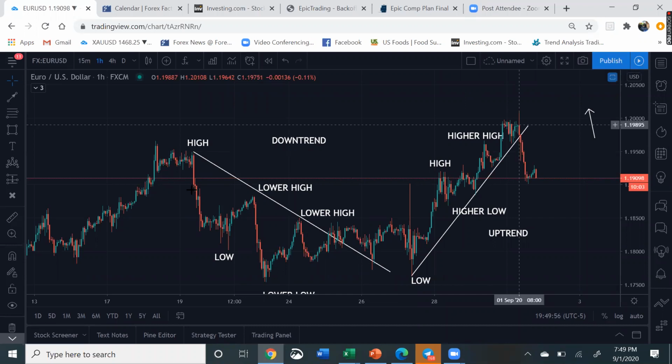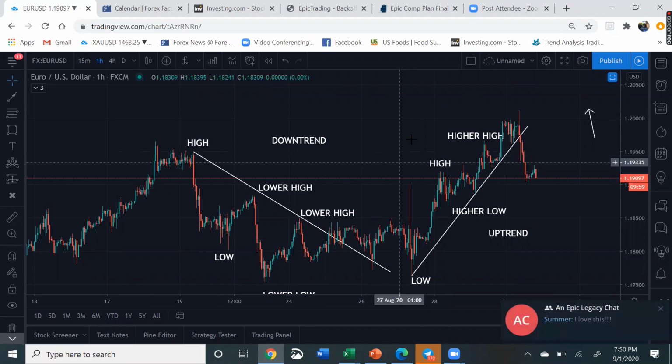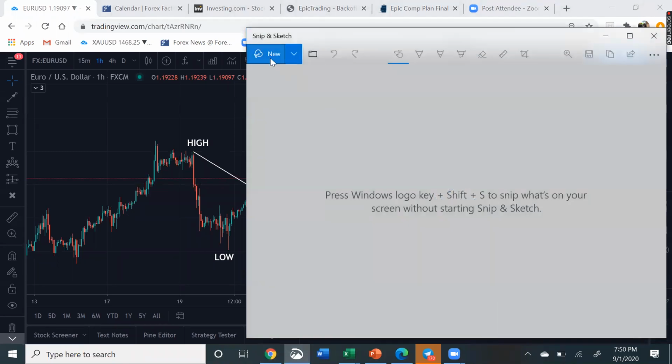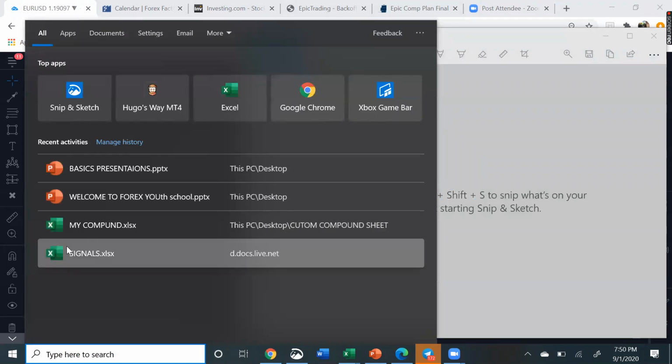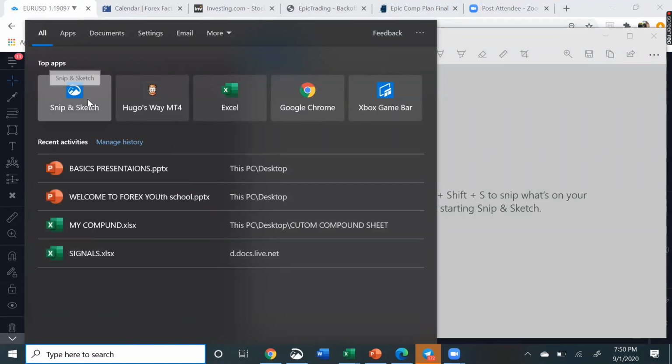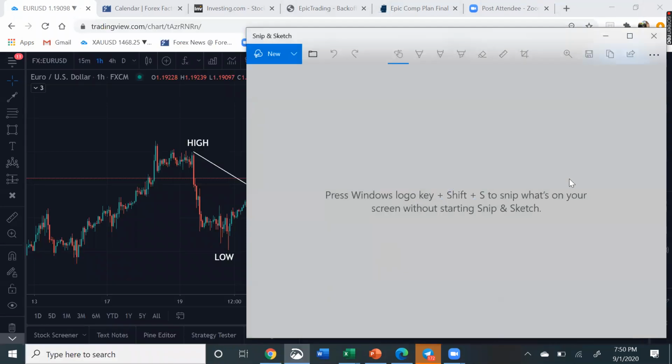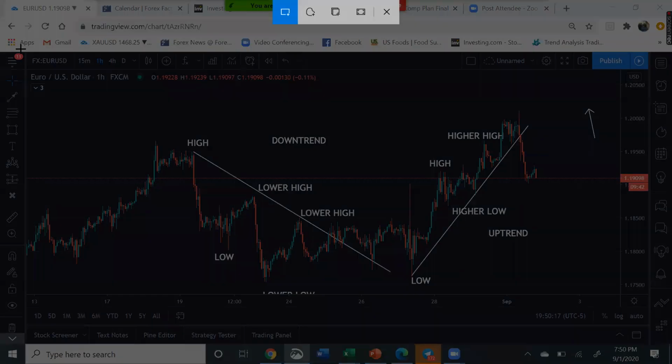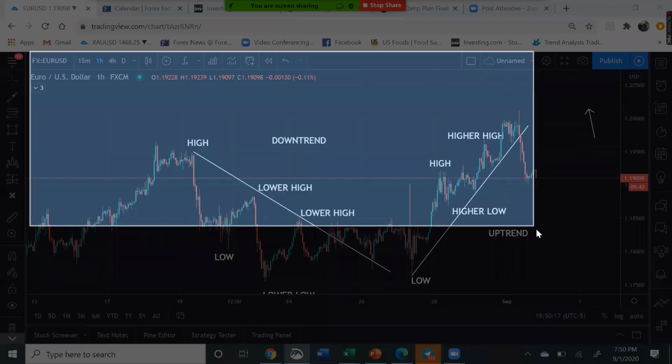You can snapshot this, and it'll give you a link, and you just click copy and paste it. What I use is I use Snip and Sketch. Right? You just type Snip and Sketch here. Right? Should be on your computer. It'll pop up like this. Just click New, and then you can just mark what you want.